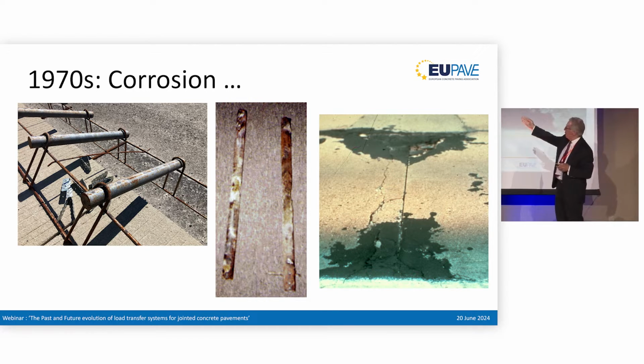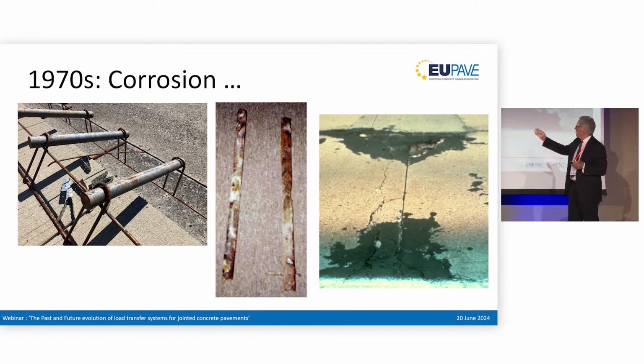The middle photograph shows a picture of some dowel bars. These were only about 20 years old, 17 years old, I believe. And they had suffered a great deal of corrosion, particularly near the center of the bar where the joint is, and you have easy access for water and salts to enter the pavement, and that accelerates the corrosion.